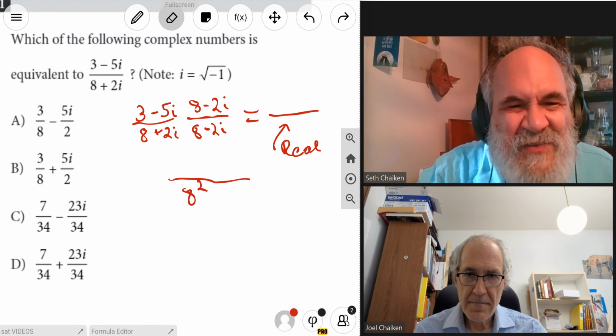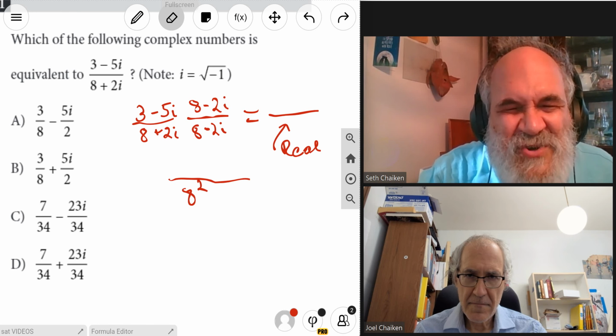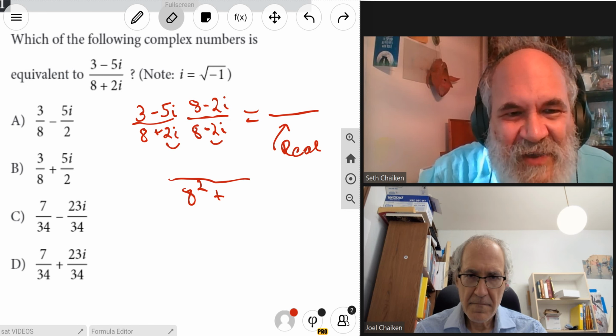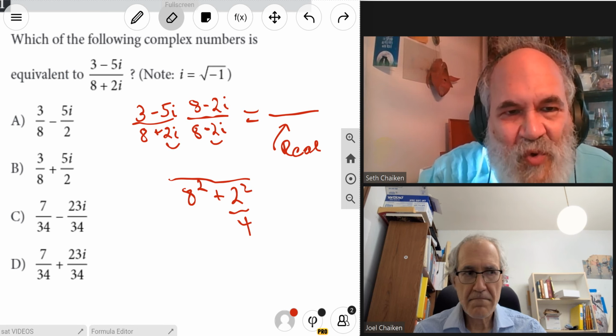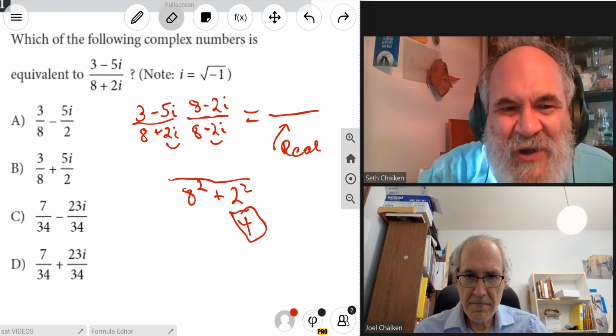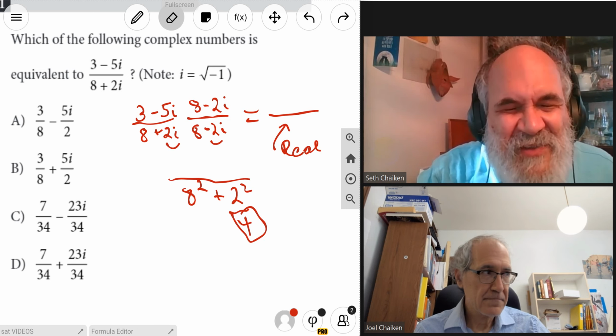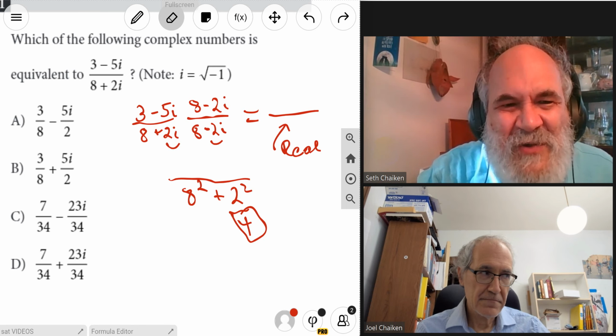Well, that is 2 times minus 2, which is minus 4, times i squared, which is minus 1. So the product of these two terms is positive 2 squared, which is 4. Now this works because the cross terms cancel. Ladies and gentlemen, try that yourself to see why.